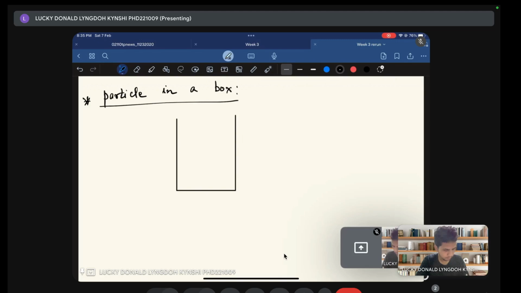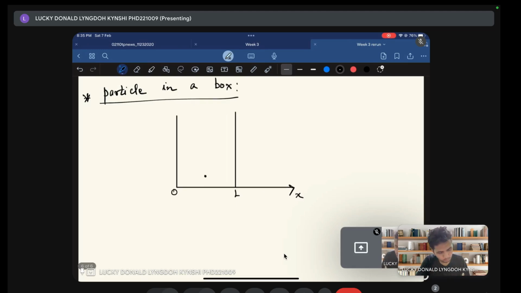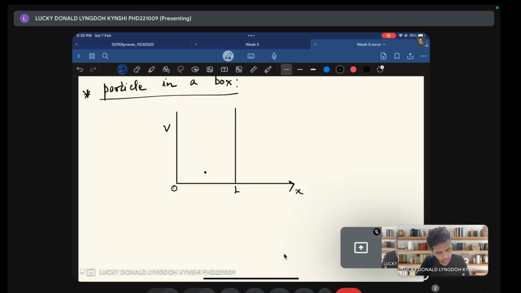Let's say this is 0, this is x. Particle in a box means the particle is free to move only between 0 and L, whereas at x equal to 0 the potential U goes to infinity, and at x equal to L it is also infinity.